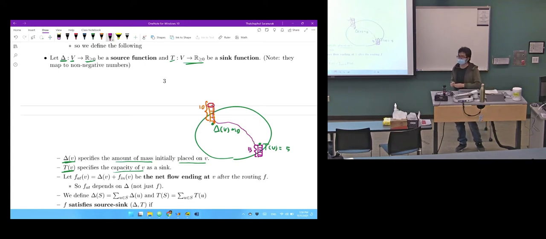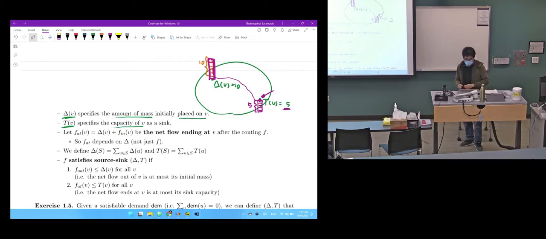That's how you should think about this formulation. You would like to move all of this to some sink, but this node can absorb 5 units of mass at most.